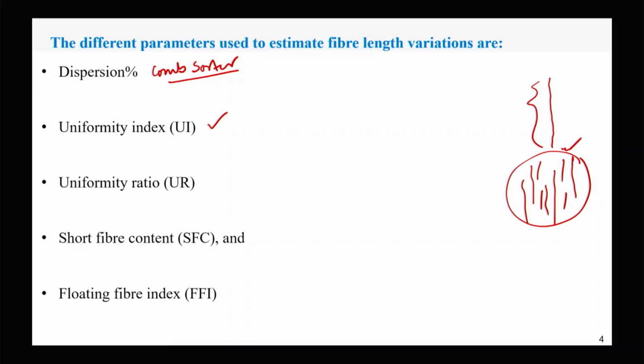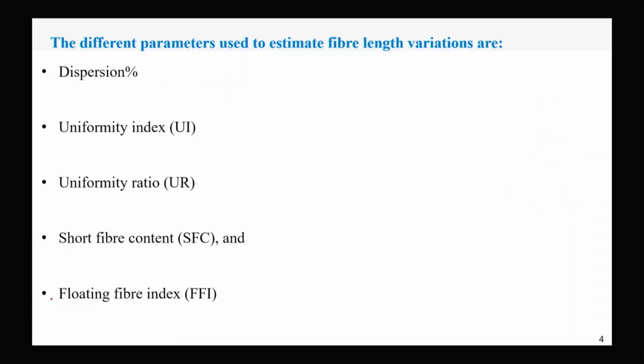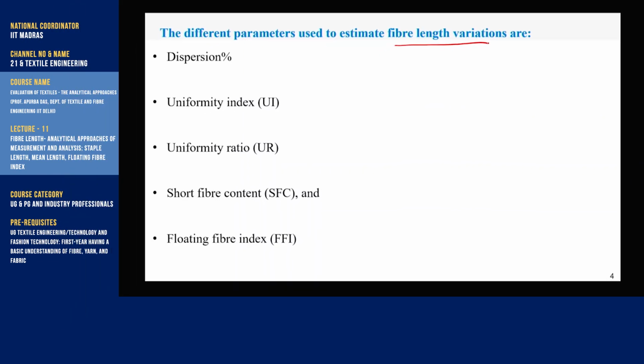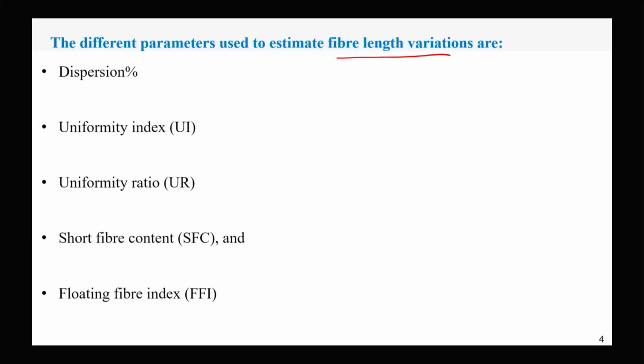These are the parameters through which we express the variability in the fiber length, and fiber length variation estimation is extremely important, because the higher the variability, the higher will be the floating fibers, and that results in non-uniformity in the yarn, and higher content of short fiber results in breakage, and the hairiness also increases.